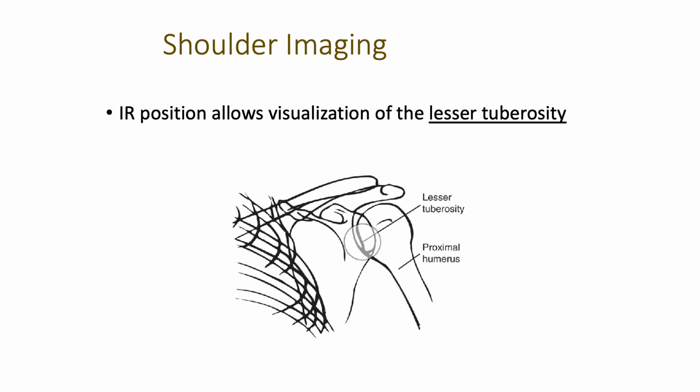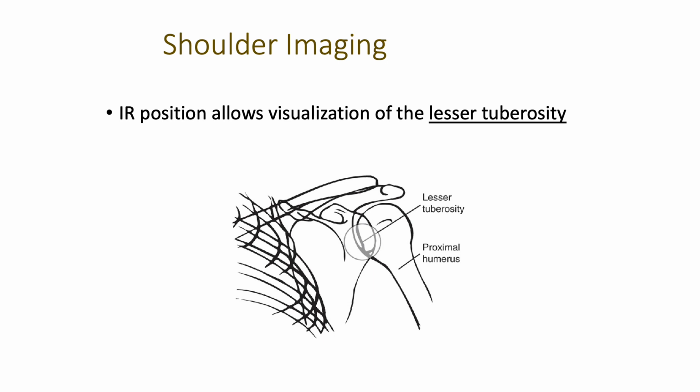So what this internally rotated view really does and why we're going to use it is that lesser tuberosity is much better visualized. The reason it's much better visualized, with the externally rotated view, there's a lot of attenuation. So we really don't get a good view of the lesser tuberosity.